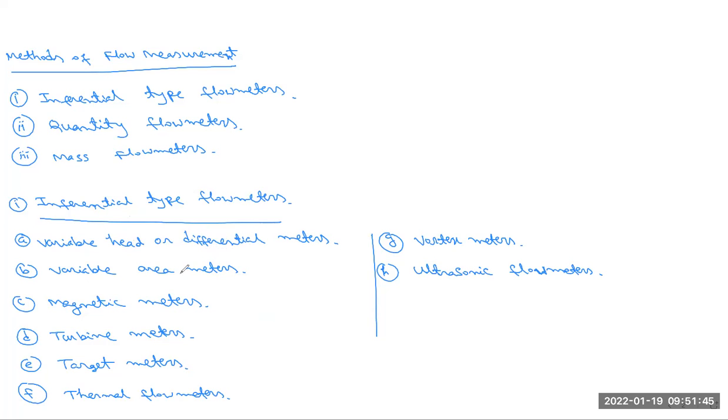Then there are variable area meters, according to the application area, such as a humid area, a cold area, or sometimes a dirty area. This depends on the area environment, so we use different variable area flow meters.